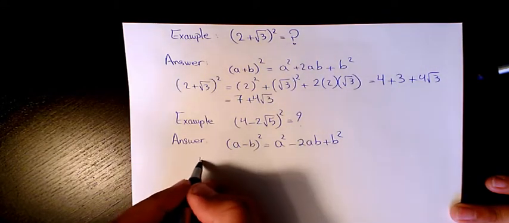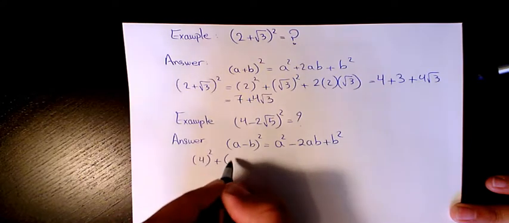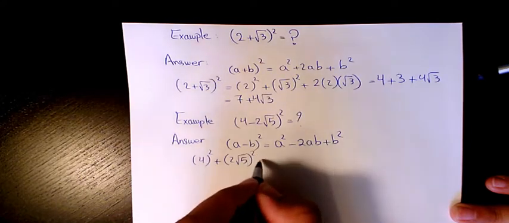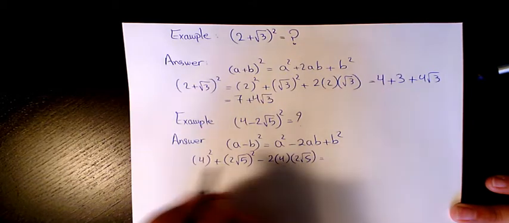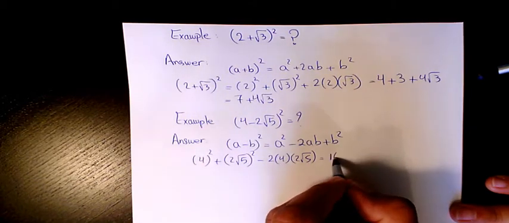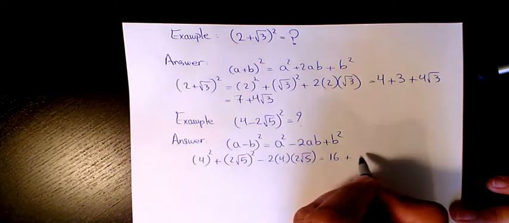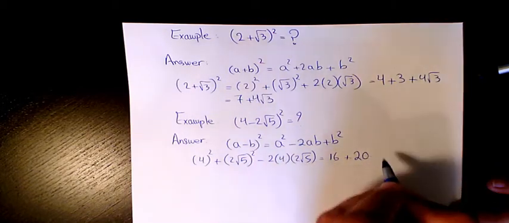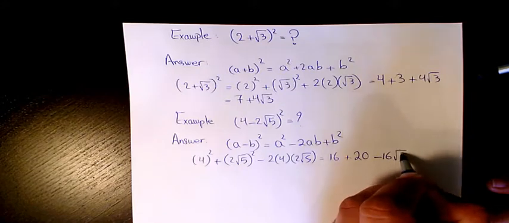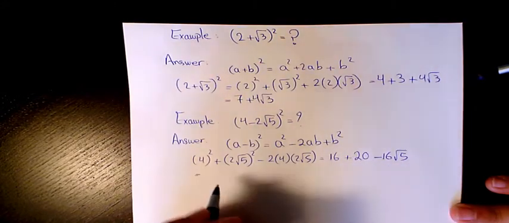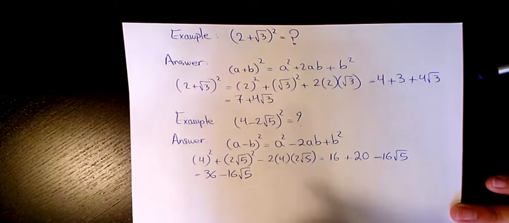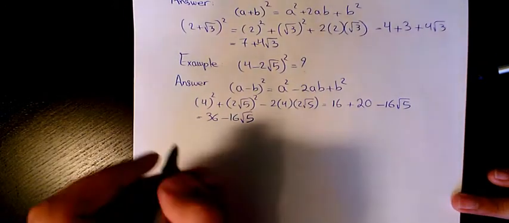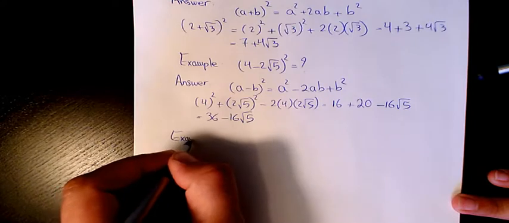So I have here 4 squared plus (2√5) squared minus 2 times 4 times 2√5. Then it's going to be 16. The second one is going to be 4 times 5, which is 20. And here we have 16√5. So 16 plus 20 is 36, minus 16√5. That's the final answer.